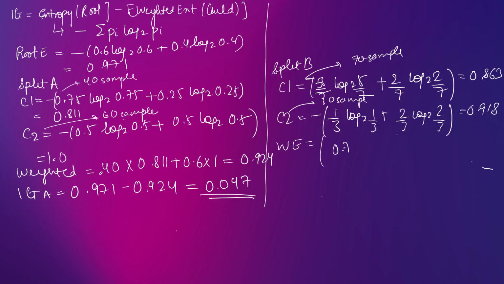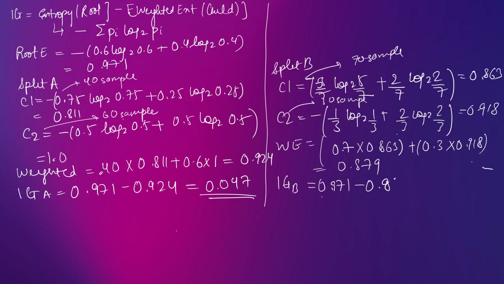So you'll have 0.7 into 0.863 plus 0.3 into 0.918. This will be 0.879, and information gain of B will be 0.971 minus 0.879. So this will be 0.092.